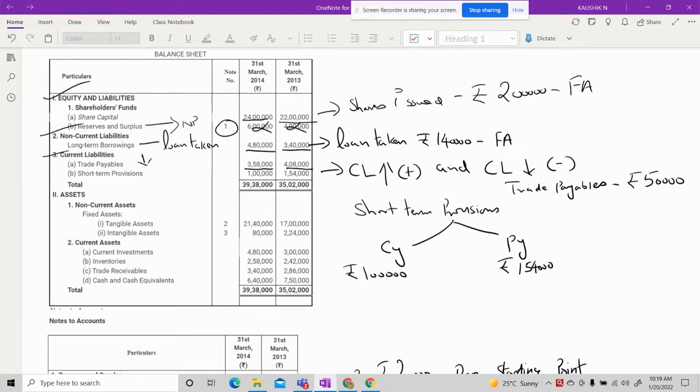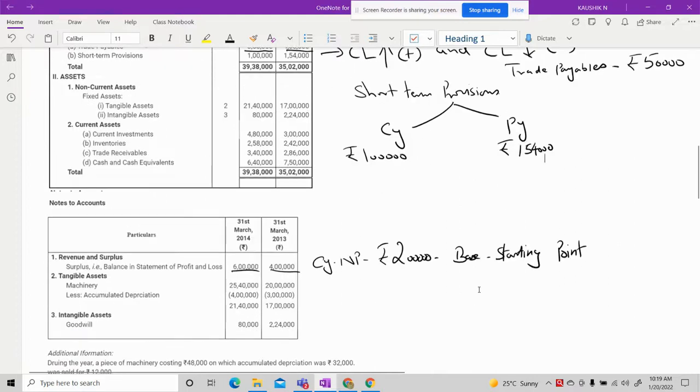In this case, kindly reconfirm whether we have any adjustments with respect to short term provisions, either in notes to accounts or in the additional information. When I cross verified in notes to accounts, there is nothing with respect to short term provisions.